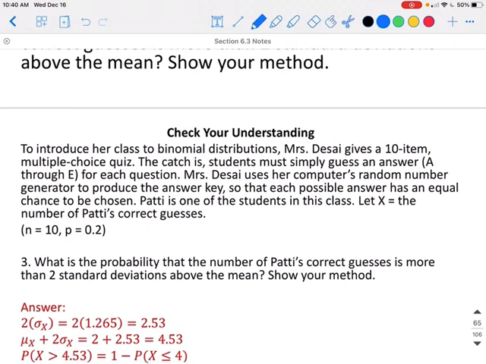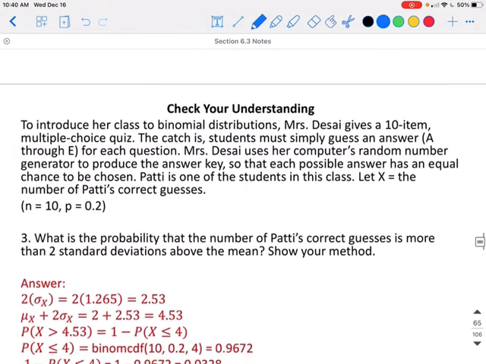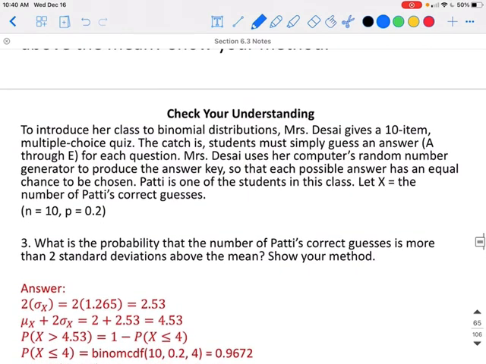That's the same thing as saying 1 minus the probability that x is less than or equal to 4. Now you can do this by hand, or you can use the option on your calculator to do the binomial CDF. If we're looking for the binomial CDF when x is less than or equal to 4, we know there are 10 trials. Each trial has a 20% probability of being a success, and we are choosing that 4 of the times they were successful, which gives us almost a 97% chance that it's less than or equal to 4.